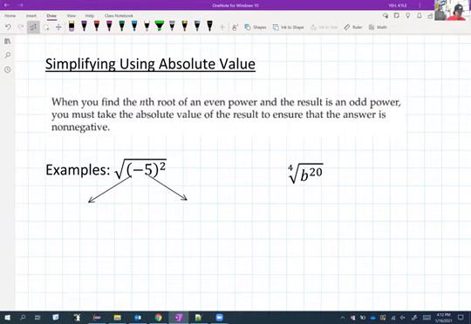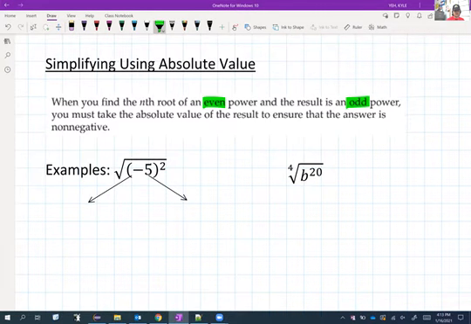So if you're looking at this, it says when you find the nth root of an even power and the result is an odd power, you must take the absolute value of the result to ensure that the answer is non-negative. And you might read that and say, wait, what? Why do I need to make sure it's not negative? Like, I mean, it could be negative, right? Maybe, could be. Well, let's take a look.